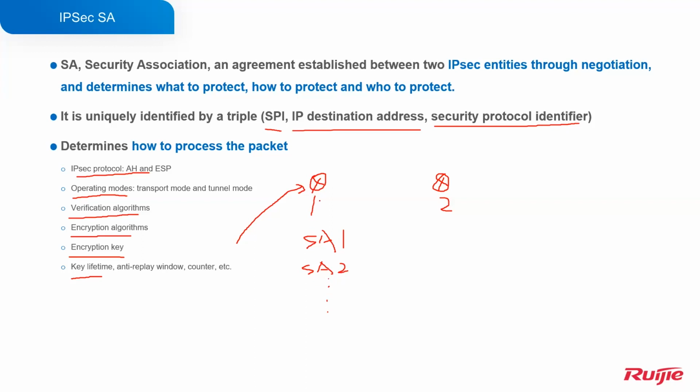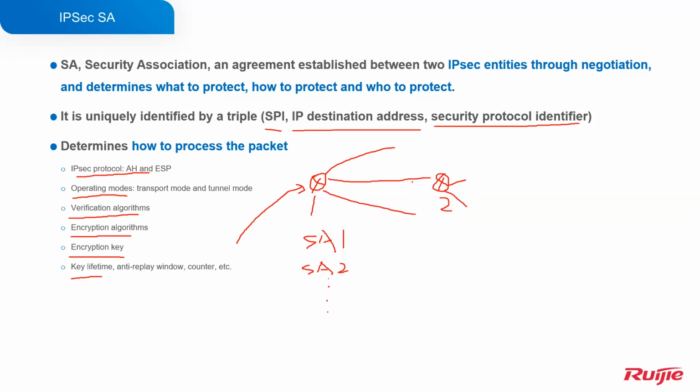Because in the SA, maybe you will establish a tunnel with 2, and also establish a tunnel with 3, and also with 4. Maybe the same tunnel with 2, but different services. Maybe you want to provide different levels of security.